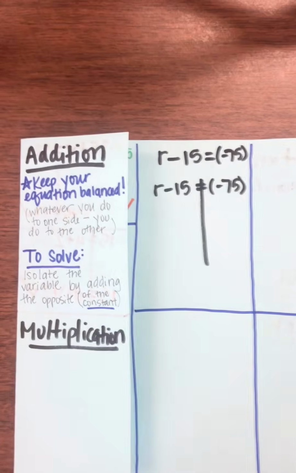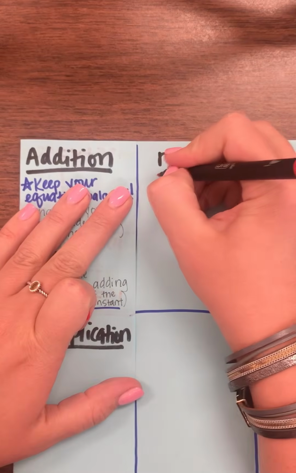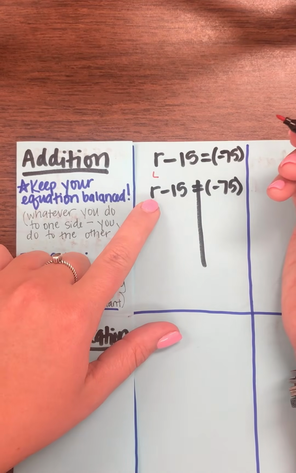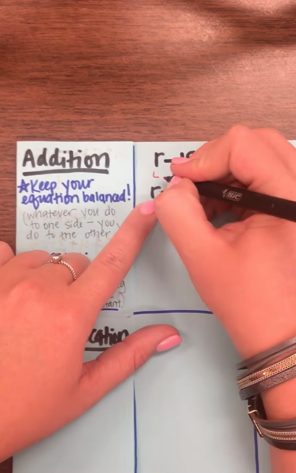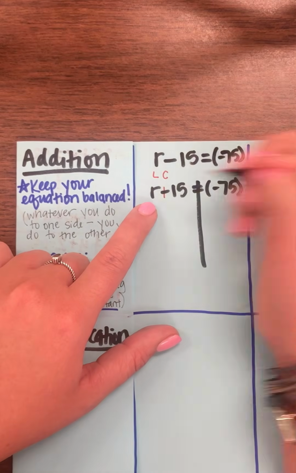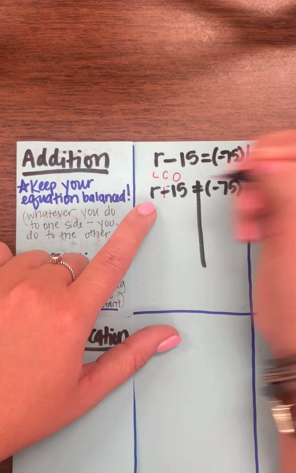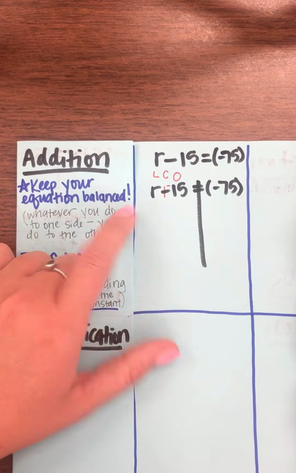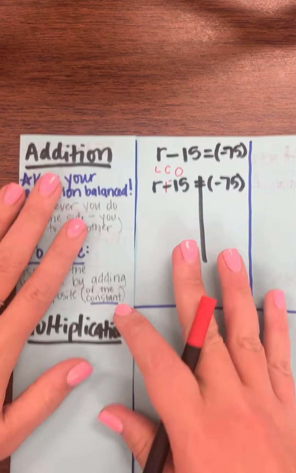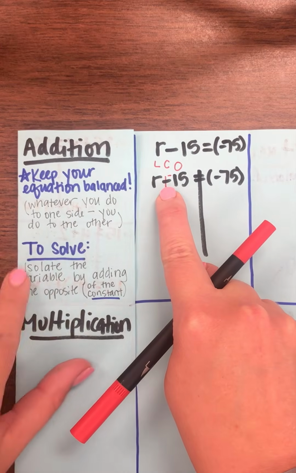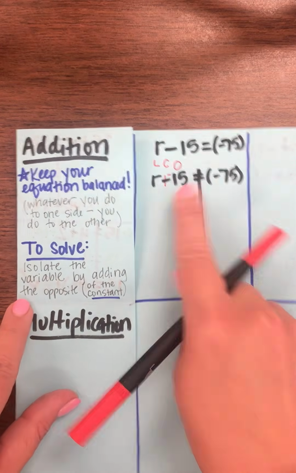So hopefully you've already seen, we're gonna leave the first term. Remember, it's not a number anymore, it's a term. Change subtraction to addition. I need the opposite of 15, which is negative 15. Now it literally becomes an addition problem, so you do the exact same thing that you did before.